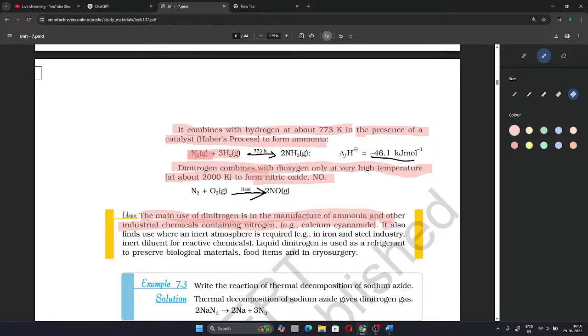Cyanide group is CN. It also finds use where an inert atmosphere is required, because we saw that nitrogen triple bond N is a very strong bond. It is very inert.